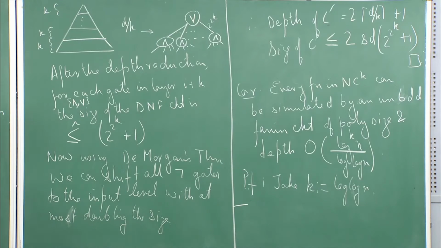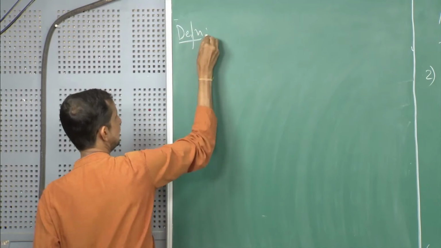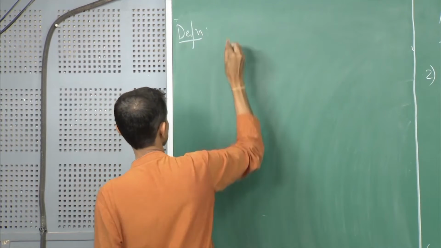So, the next thing that we will study is, we have looked at circuits that are polynomial size but bounded depth. Now we can just generalize this to any circuit of polynomial size.